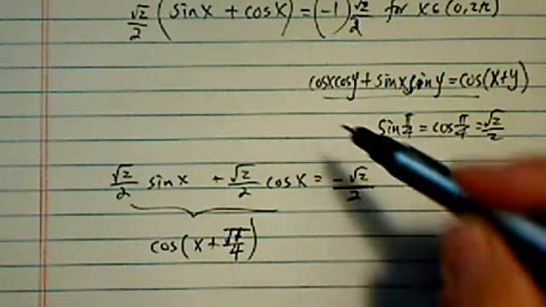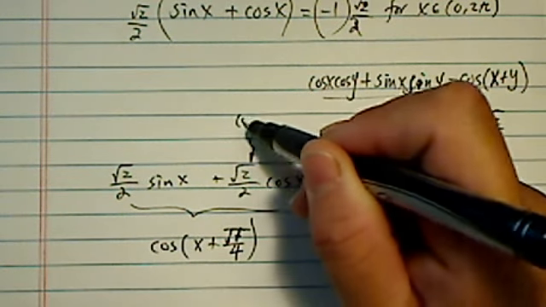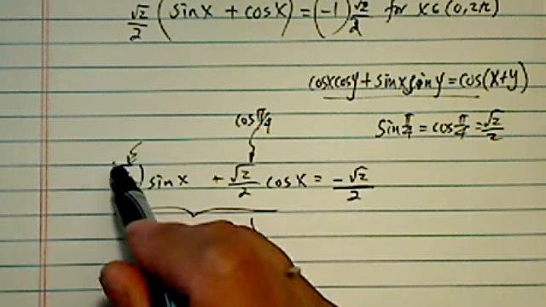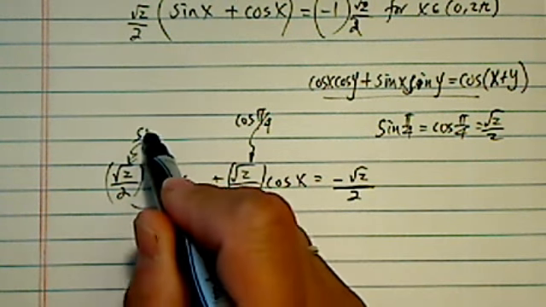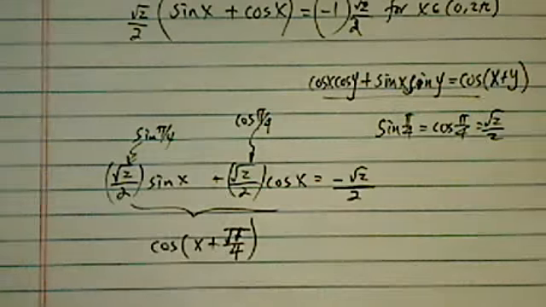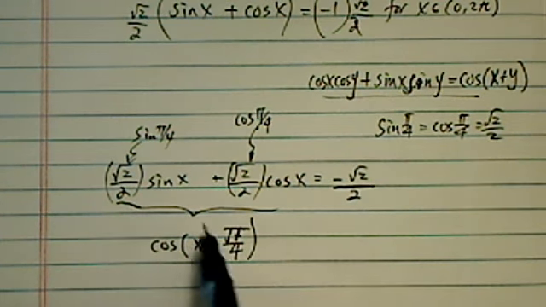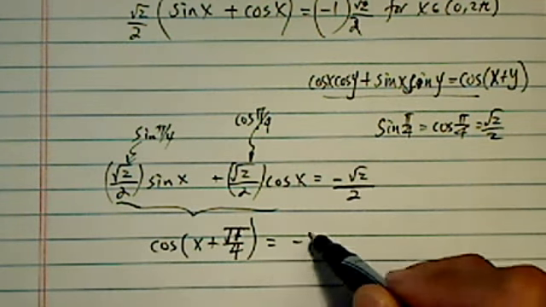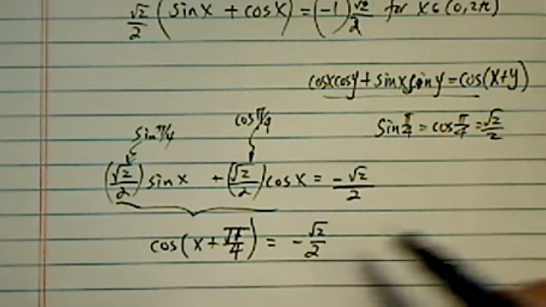The reason this is pi over 4 is because this one is cosine of pi over 4, and this one is sine of pi over 4. So conveniently it works out. We kind of trick the system into a sine of x plus pi over 4, and this is equal to minus radical 2 over 2.